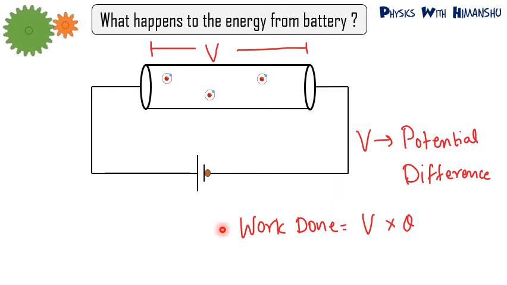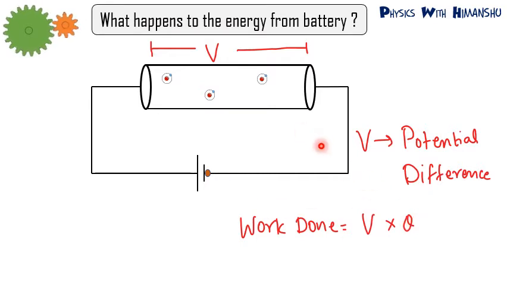Now, what is the work done? We have already learned this formula in electrostatics, and you must have learned it in class 10th also. Suppose across this wire the potential difference is V and the charge which is moving is Q. Then work done will be equal to potential difference into charge. You have to learn this formula.